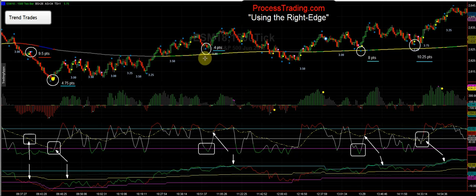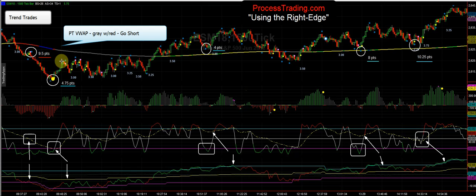And then corresponding with the process trading VWAP line are the timing alerts. The timing alerts are the dots that are above or below the price bars. In order to take a short trade, once the VWAP is gray and you had the red indication, then you can take a short trade anywhere there is a price timing alert above the price bars.